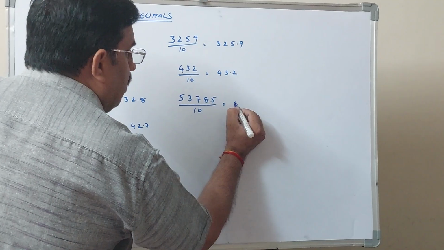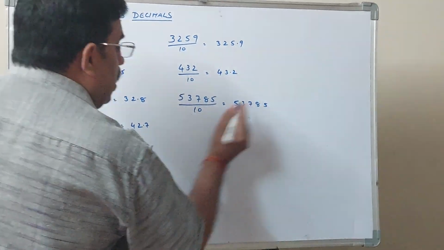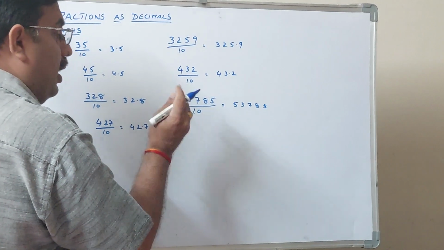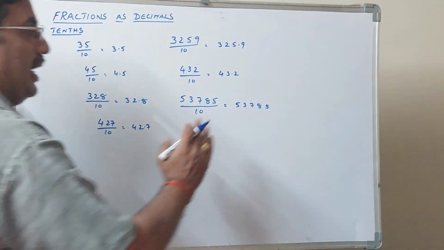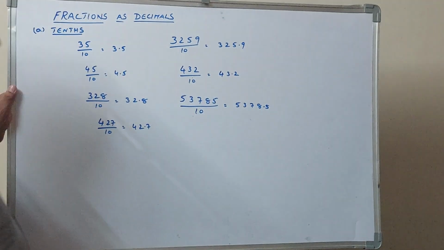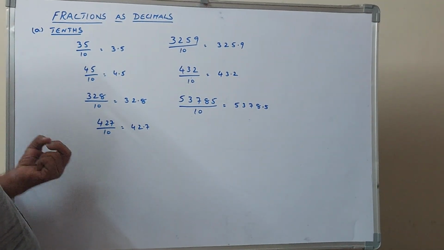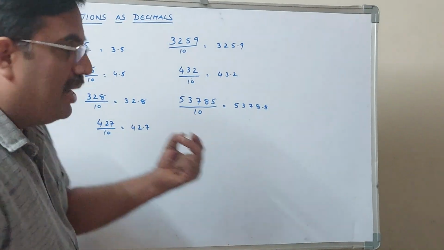Write the same number, 53785, and put the decimal point. Where? Leave the rightmost digit and put it. This is the way of writing fractions as decimals.